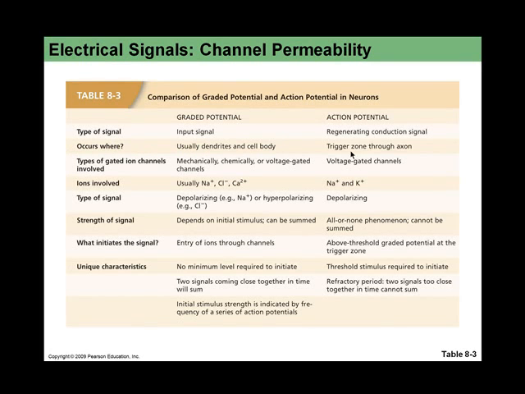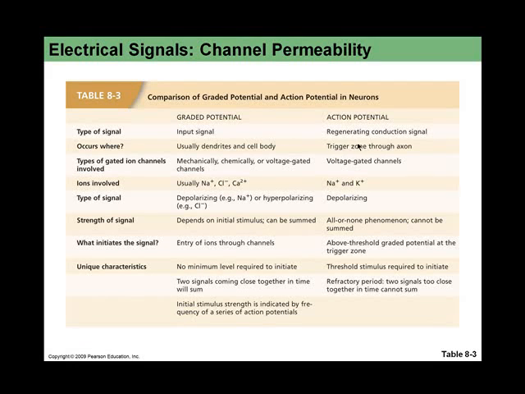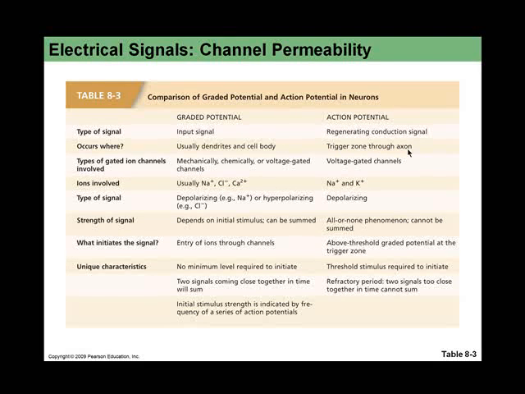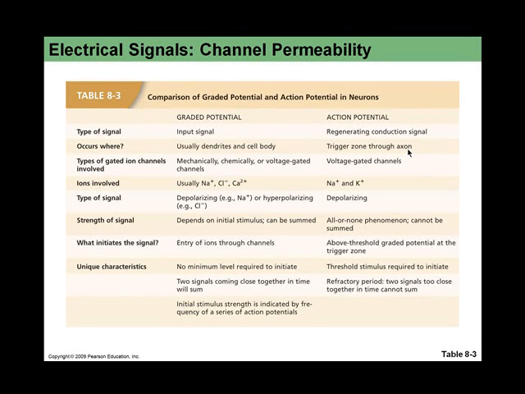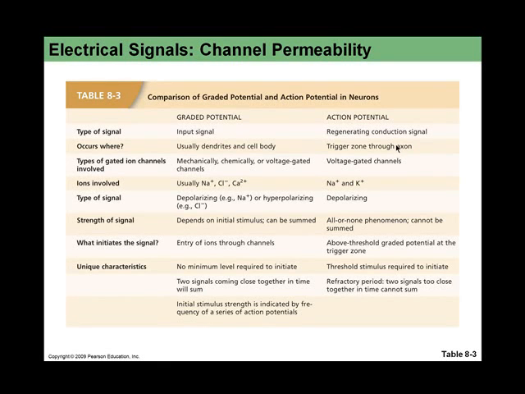We said the dendrites and cell body, and then obviously the trigger zone is where we want to initiate the action potential, and then we want to have a mechanism by which we make sure that it only goes down the axon away from the cell body. So the axon carries the signal away from the cell body.